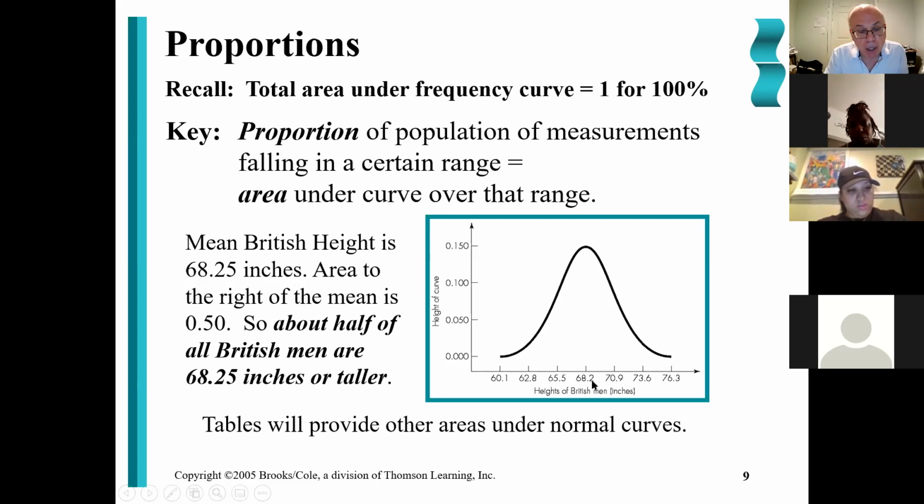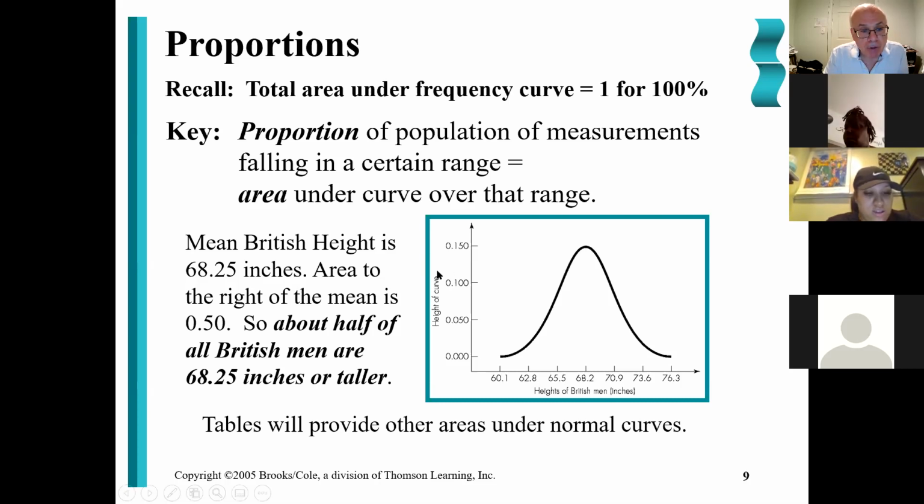That would be the mean, because the mean is equal to the median. The definition of the median is half is lower, half is higher. Since the mean is equal to the median, because it's bell-shaped, we would say half of the men are shorter than 68.25 inches, or half of them are taller than 68.25 inches.